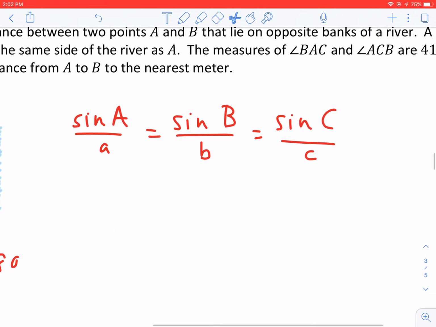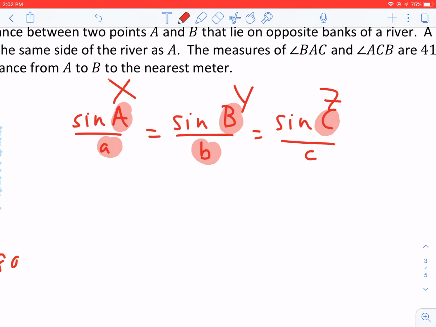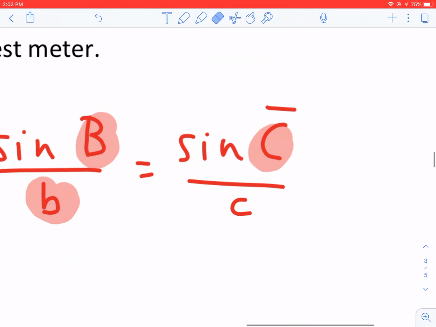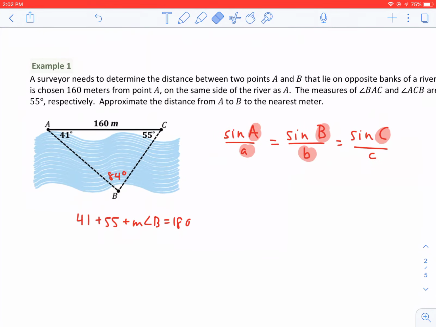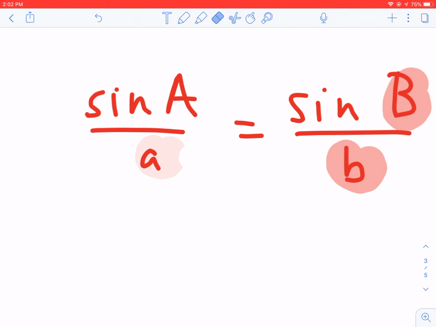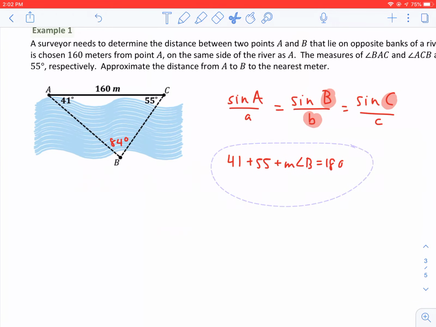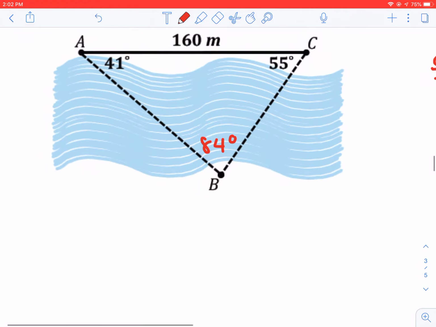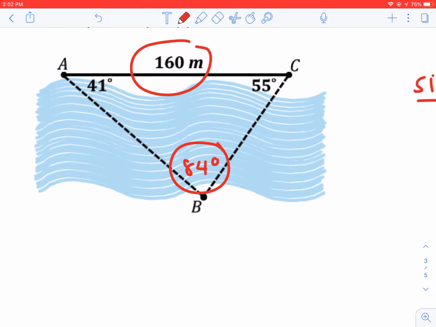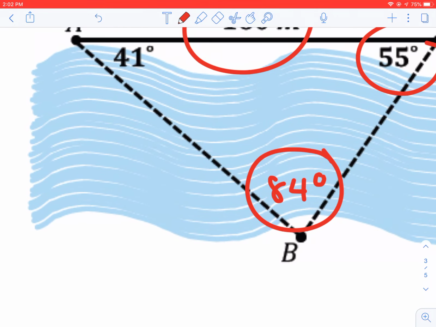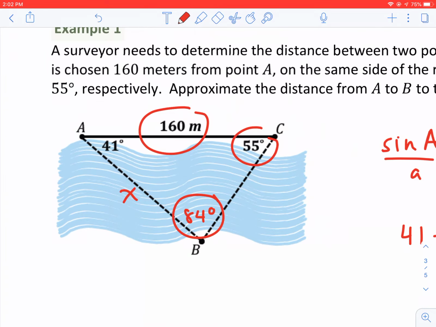And I don't want you to look at the letters because the letters don't mean anything. This could be XYZ, for example, or JKW. Just in general, any angle and the side opposite that angle. So I'll be using this pair, 84 and 160, and 55 with what we're trying to solve, the length of AB.